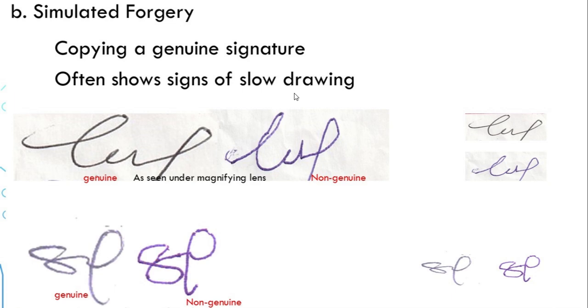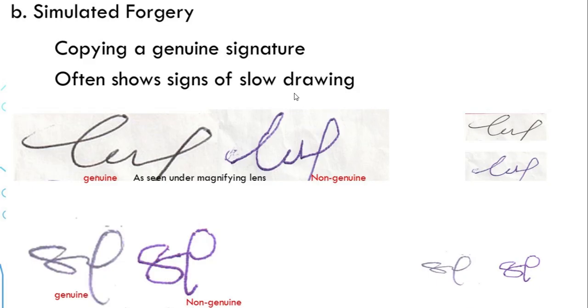That is, you have a genuine writing that will be placed over a document where they want the forged one to appear, or it may be the other way around, where the document they want to transfer the forged writing to will be on top of the original writing.